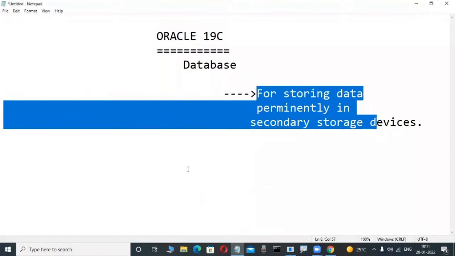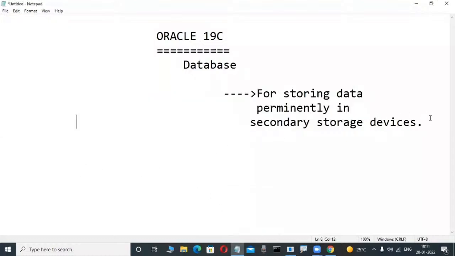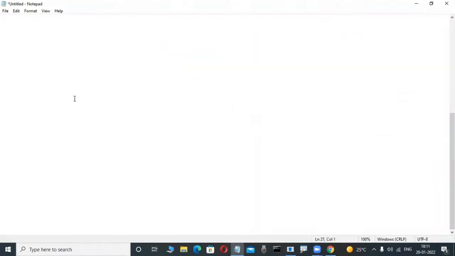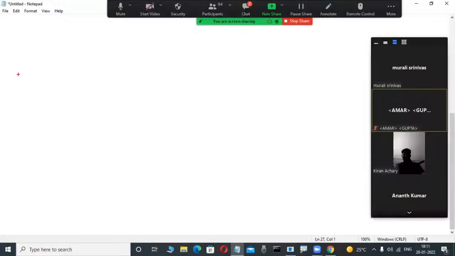Now check it out. Suppose you are a first-time newcomer, a non-technical person; it is easy to understand that every organization maintains a database. So many applications are there; I'm taking one of them. Take a bank. Banks maintain databases.